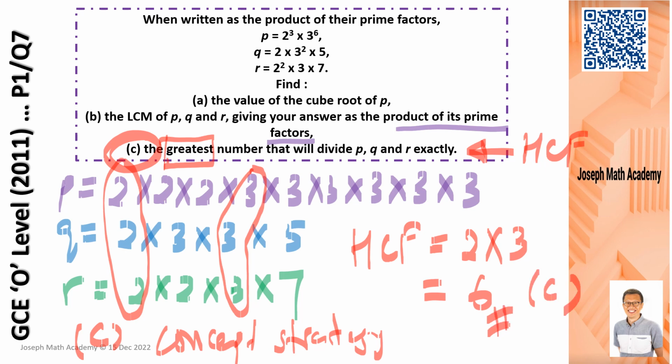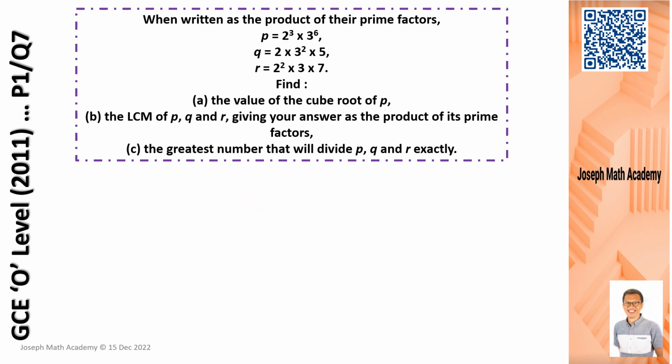Pardon me, I'm going to go back to part B in my next slide. So in exams in school, if you accidentally do C first, it's okay, as long as you label your answer clearly, then the marker should have no issue following you. That's what I did, so my bad.